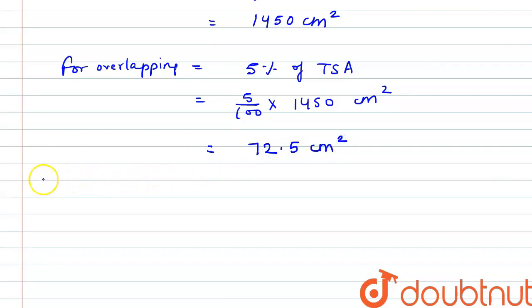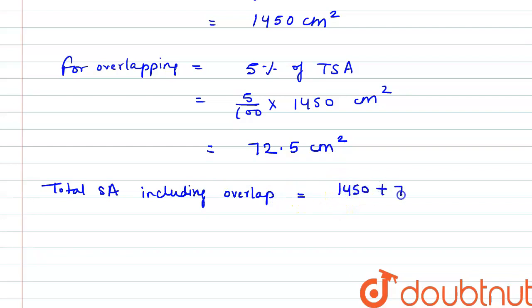So the total surface area including the overlap for one box will be 1450 plus 72.5 in centimeter square. So the value comes out to be 1522.5 centimeter square.